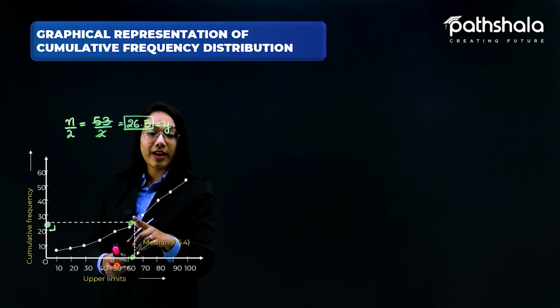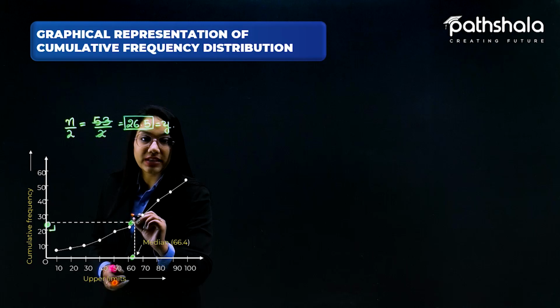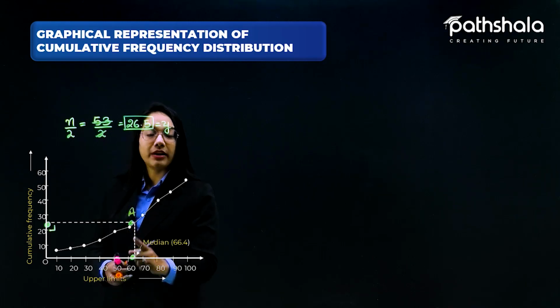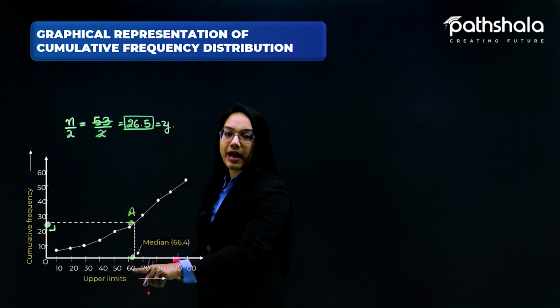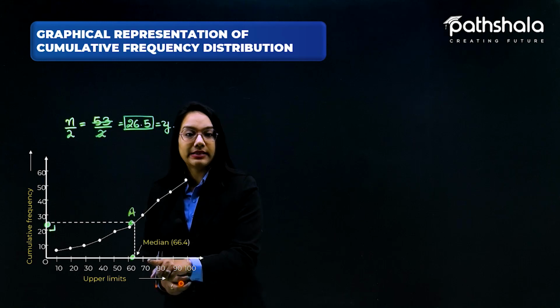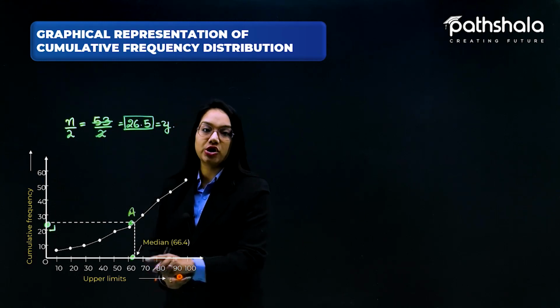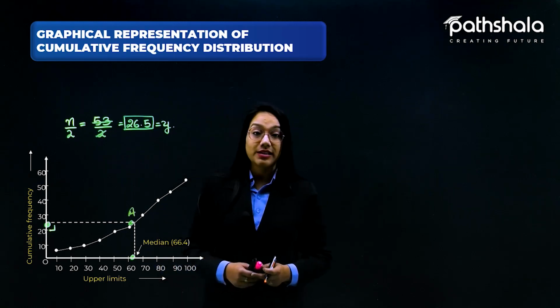Wherever that line intersects the curve, from that point of intersection A, we draw a perpendicular on the x-axis, and wherever that perpendicular intersects the x-axis, that point is called the median, which here comes out to be 66.4.